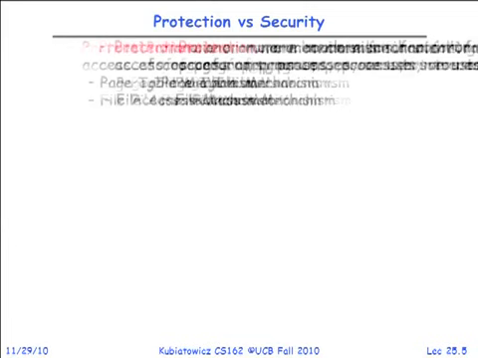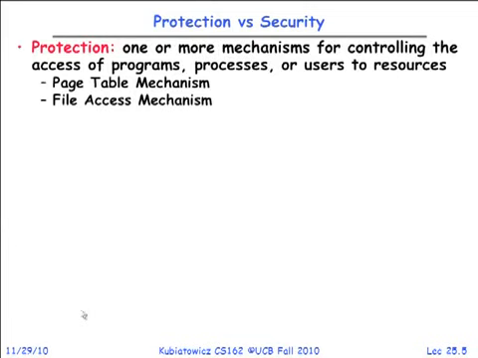Protection is really a mechanism issue. It's one or more mechanisms for controlling the access of programs, processes, users, whatever, to resources. Examples are the page table mechanism and the file access mechanism. These are mechanisms. And it's up to a policy layer to decide how to use them to enforce some policy.